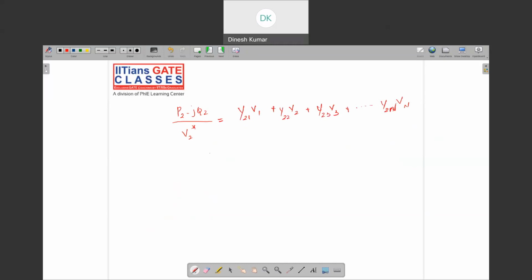So that means from here we can actually find V2, right? It's 1 by Y22 into (P2 minus JQ2 by V2 star) minus Y21 V1.